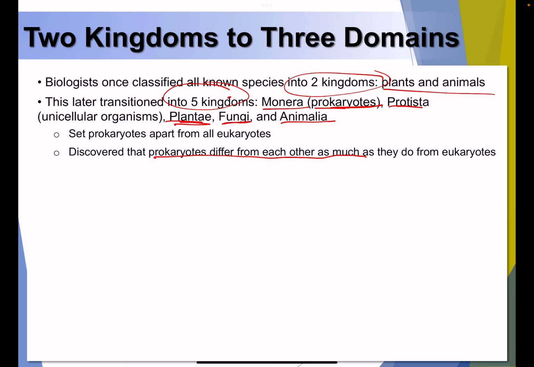But they're not little. There's a vast, diverse species of bacteria and prokaryotes that we know. So that's why they found that that's not the only thing there. Prokaryotes are also vastly different from each other, just as they are different from eukaryotes.